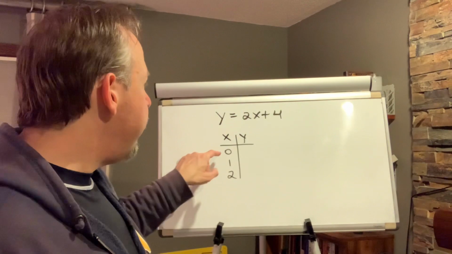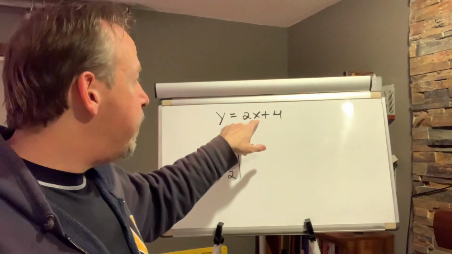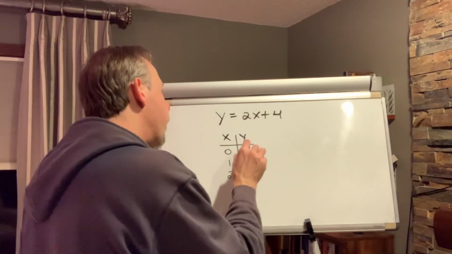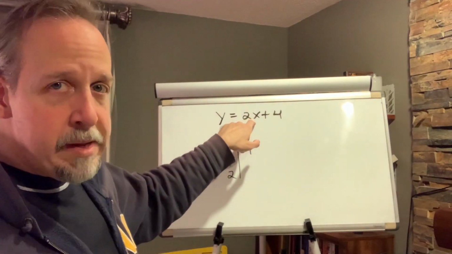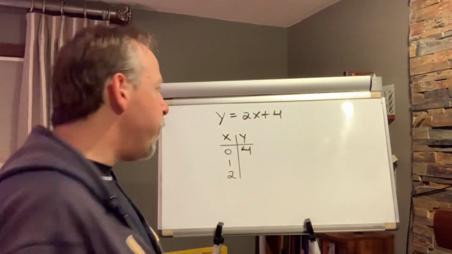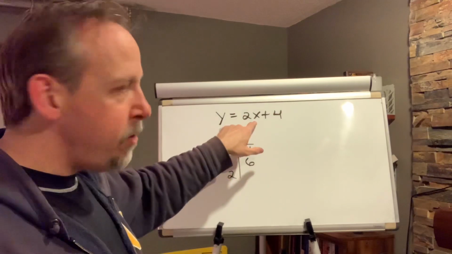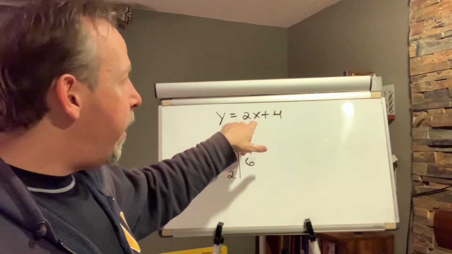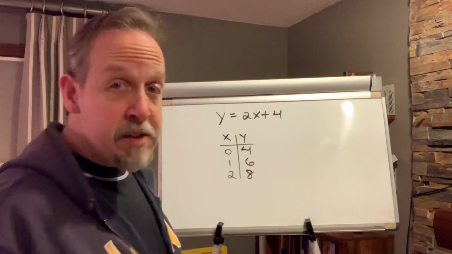So if I plug in the number 0 as x, 2 times 0 is 0, and 0 plus 4 is 4. If I plug in the number 1 for x, 2 times 1 is 2, and 2 plus 4 is 6. And if I plug in the number 2 for x, 2 times 2 is 4, and 4 plus 4 is 8. It's not a big deal and it's not new.